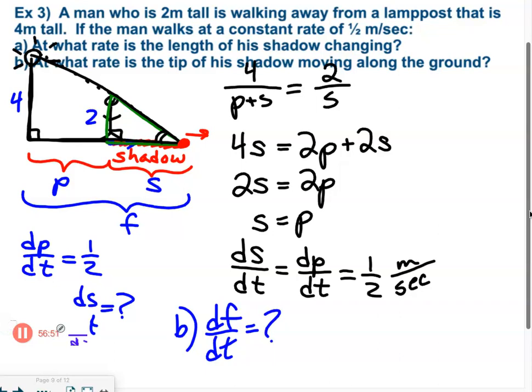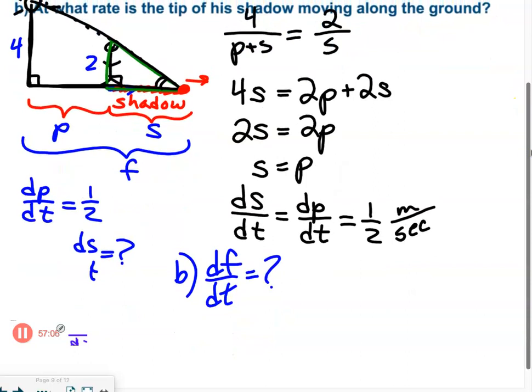I need an equation that relates the variables. Yes! The easiest equation. You don't have to pick a complicated one. If you've got one that's easy, go with it, right? So the easiest equation you can use is, I'm going to write it in red, F equals P plus S. Is it true?